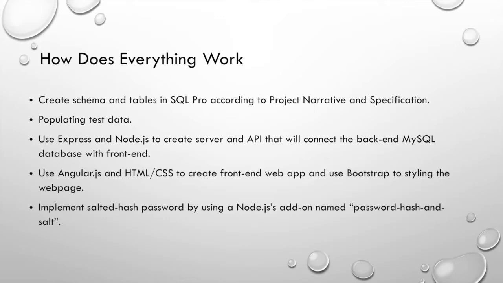Next, we use Express and Node.js to create the server and API that will connect our backend with our frontend. The next step is using AngularJS, HTML, and CSS to create the front-end web app. Then I use Bootstrap to style the entire web page.